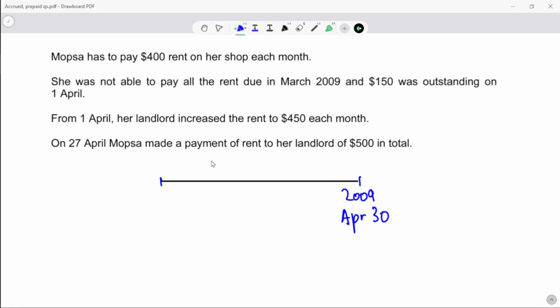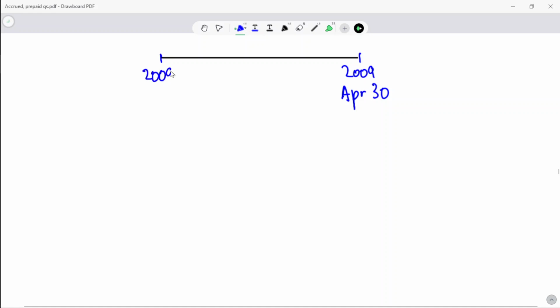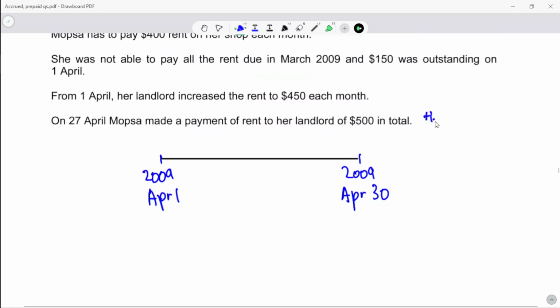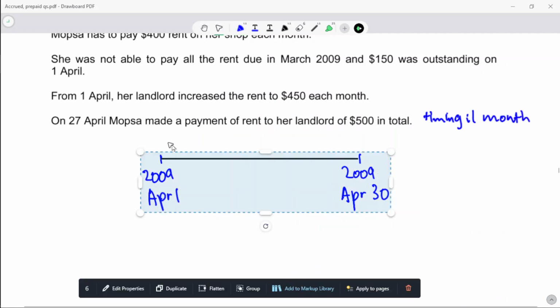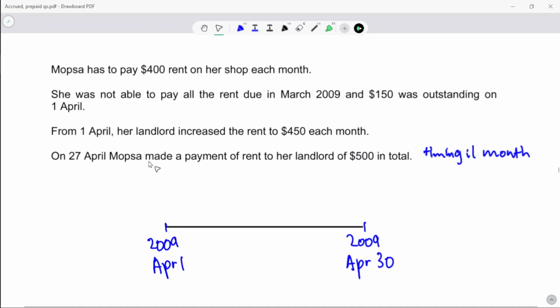So 1 year, so you say one month only, right? So this one also 1 month, no? Okay. The timing, say 1 month. This one a bit special lah. So okay, continue what he say.